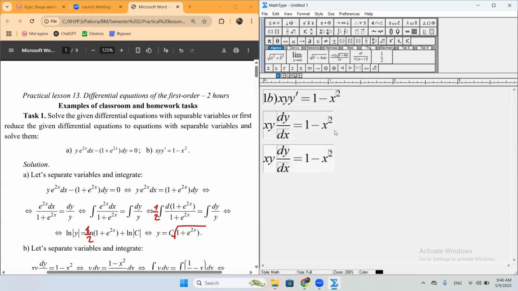And now separating x and y. So first of all, let's multiply by dx, so both parts will be multiplied by dx.